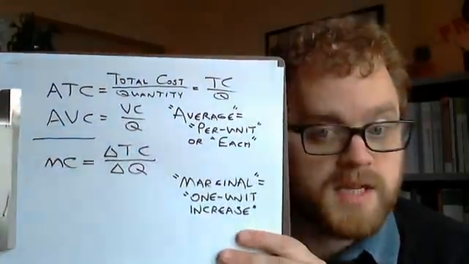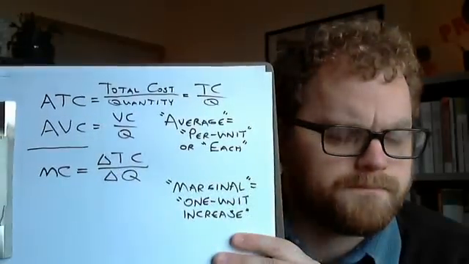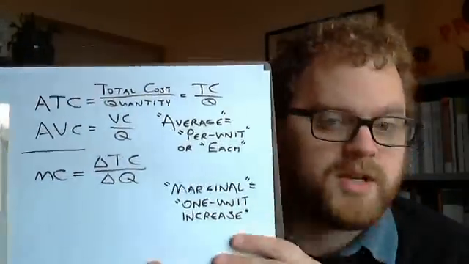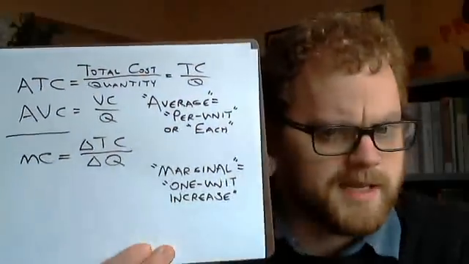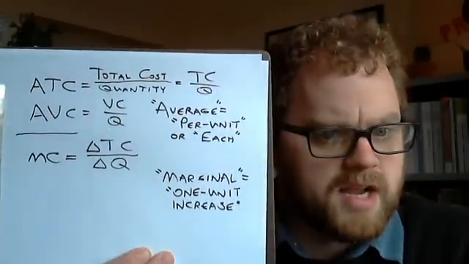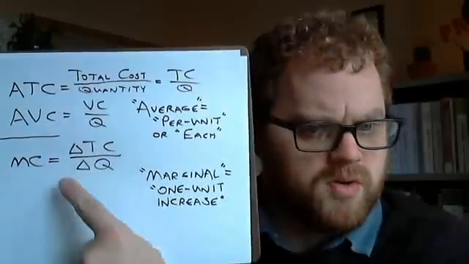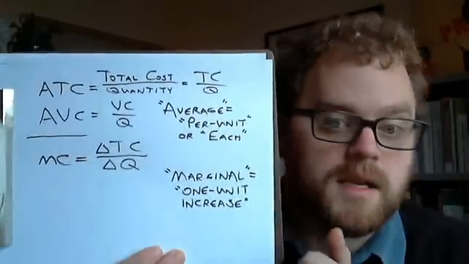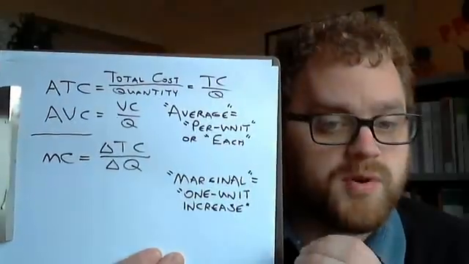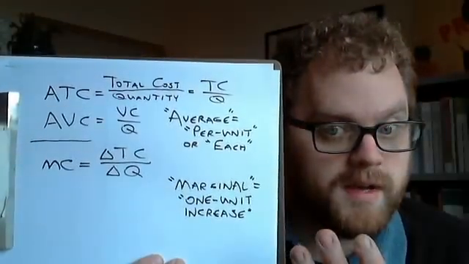And you may remember this from the chapter on consumer behavior and trying to model the marginal utility associated with consuming a product. Here, marginal basically looks at cost. So we have marginal cost here, MC. That just refers to the increase in costs of producing another unit of output.